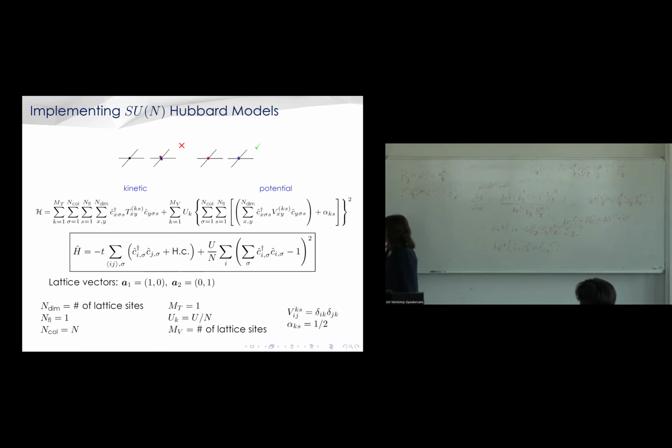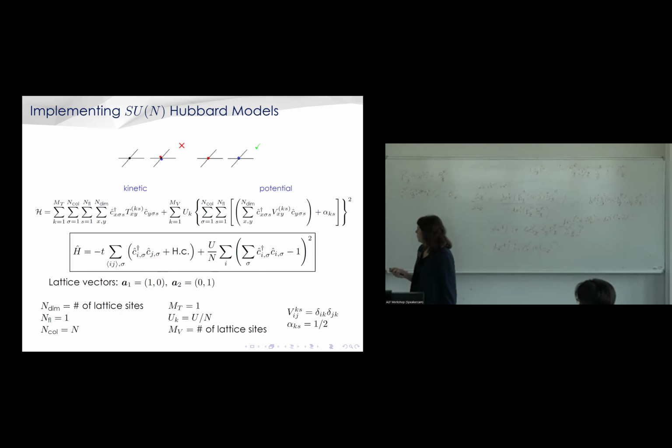The colors, you can see, are all identical. This is the N_SUN in the code because each one of these is going to be basically another copy. And this is why a lot of the models are SU(N) models in general. If we're thinking about the SU(N) Hubbard model in particular, that's what this sigma is, and the number of colors is just going to be the N in the SU(N) symmetry.